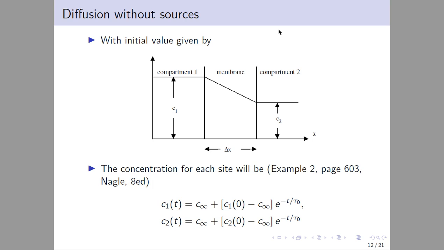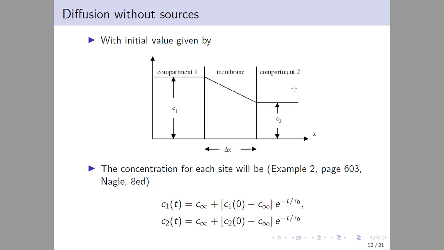With initial value given by, these are components A1, A2, and this is the membrane. Here we see that concentration 1 is greater than concentration 2. So the molecules from concentration 1 will move past the membrane if it is permeable, to C2, making the concentration in C1 equal to the concentration in C2.